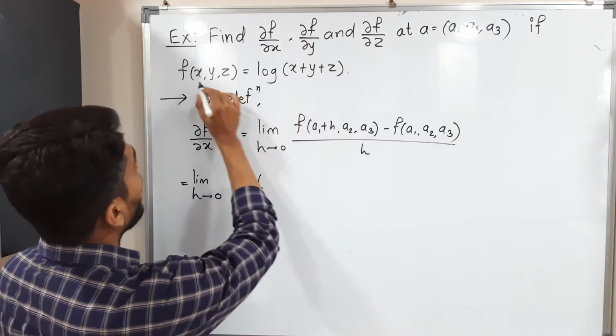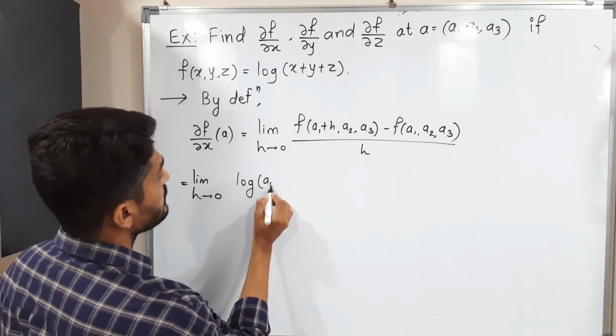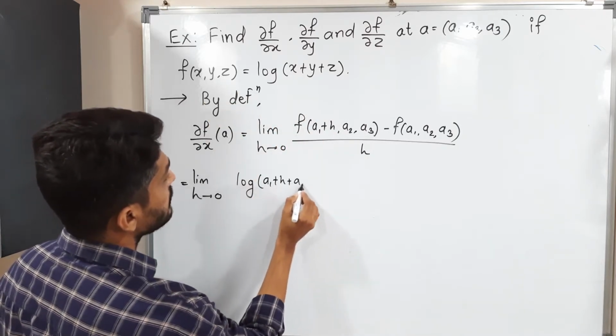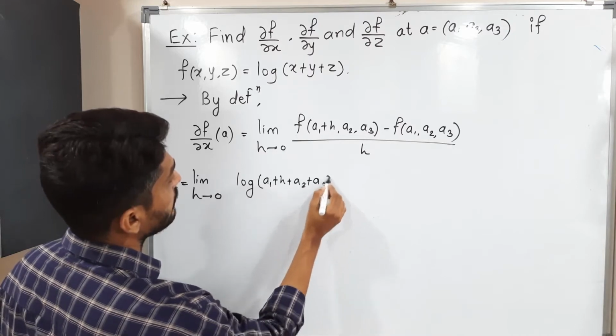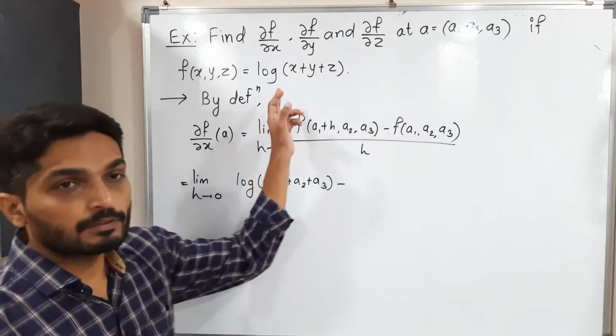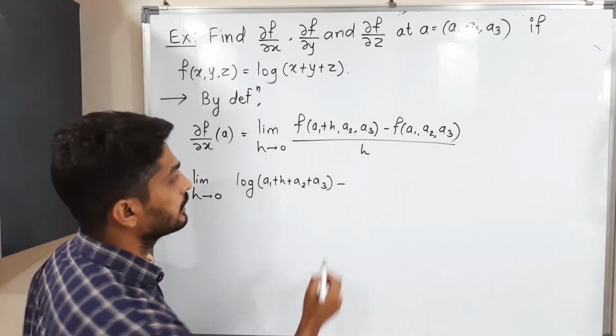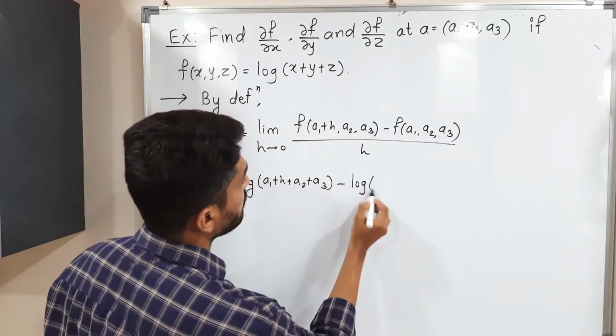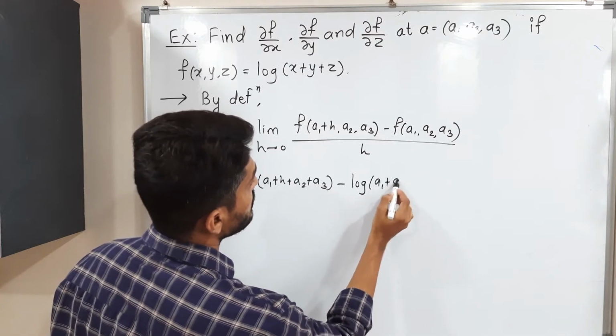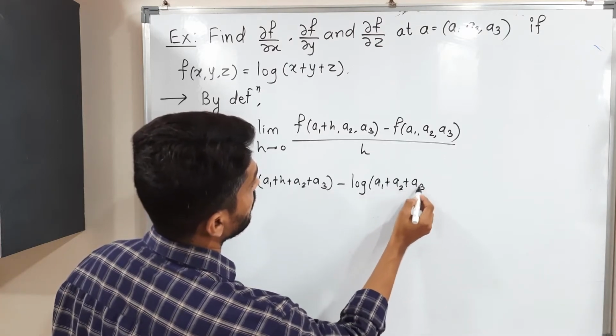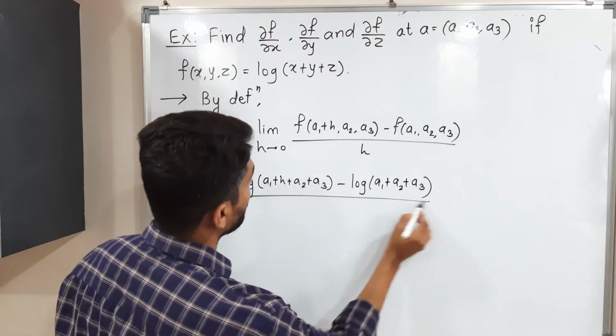We have to simply add these three components, so that means log of (a1 plus h plus a2 plus a3) minus, same definition of f we have to use to find its value, log of, simply we add them, a1 plus a2 plus a3, divided by h.